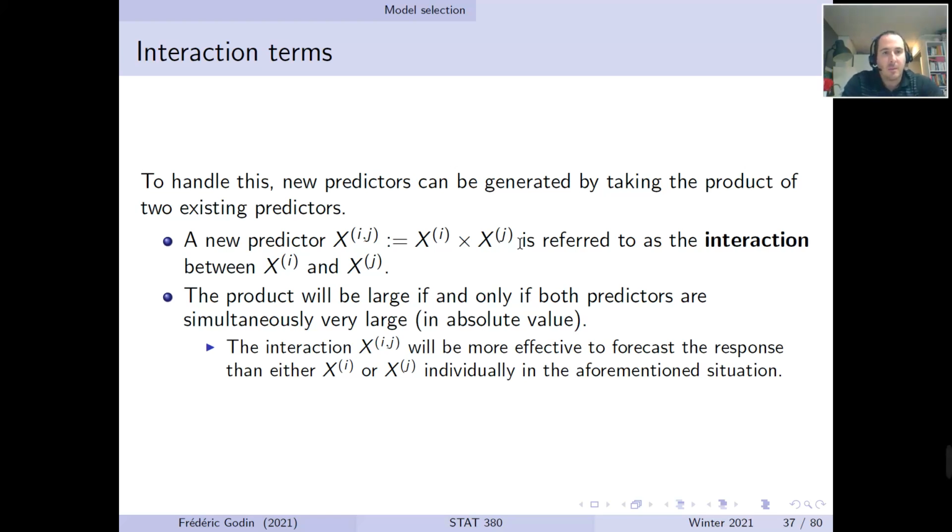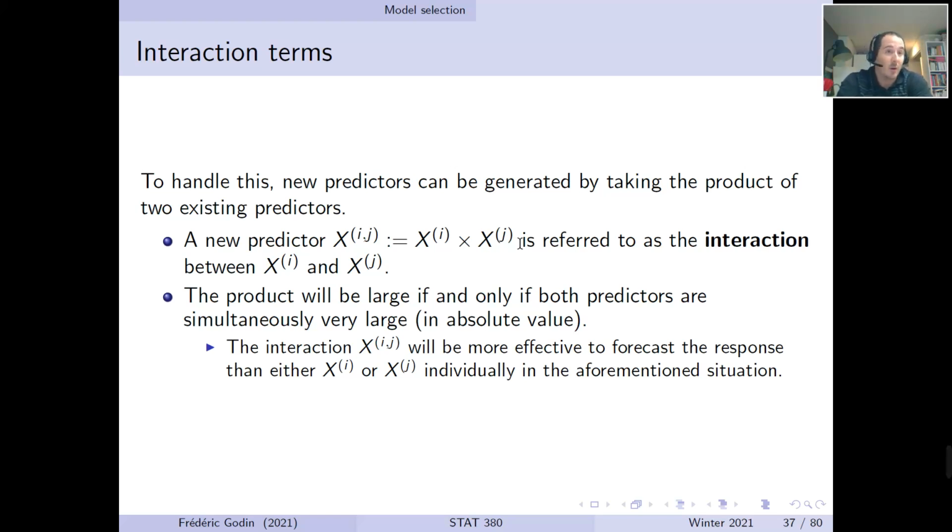Then maybe one case that could happen is that the target or the response might be very large if both are 1 or both are -1. So both very high at the same time, or both very low at the same time. If you use a regular linear model and just use xi and xj within the model, you won't be able to capture this relationship.